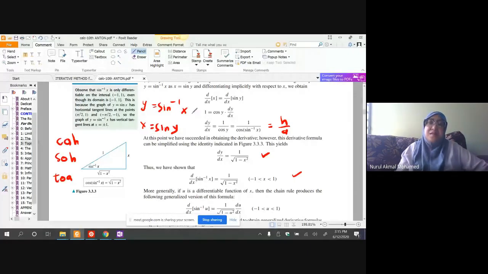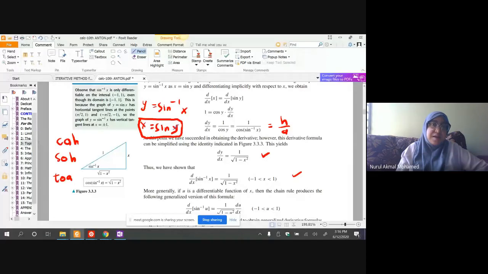It is from these expressions. You know that x is equal to sine y. So x divided by, opposite divided by hypotenuse.